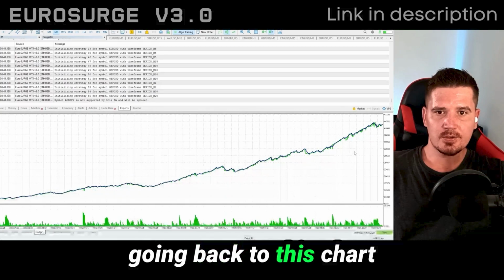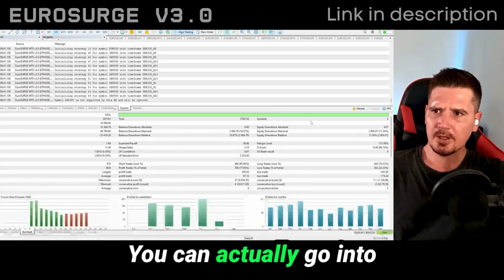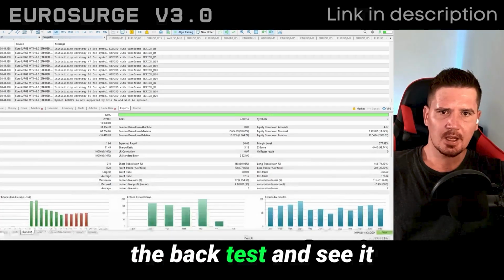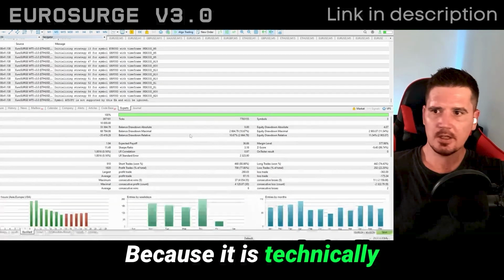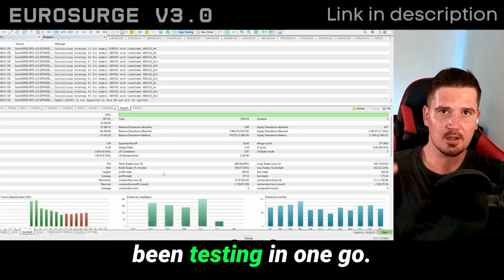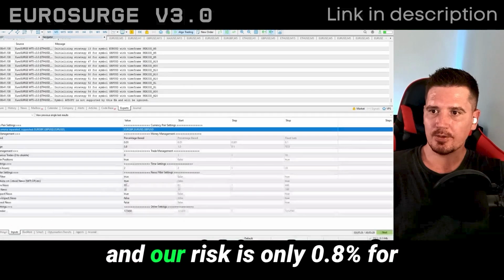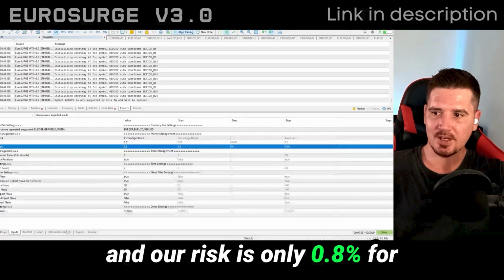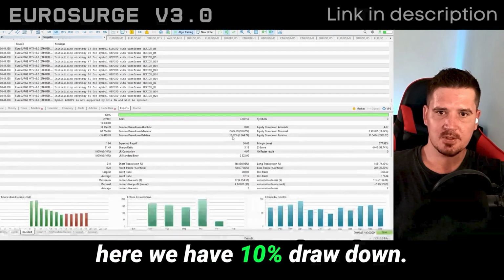Going back to this chart, including our GBPUSD results, you can actually go into the backtest and see it has 3 symbols, because it is technically 3 symbols that it has been testing in one go. This is a collective backtest, and our risk is only 0.8% for this. And here we have 10% drawdown.